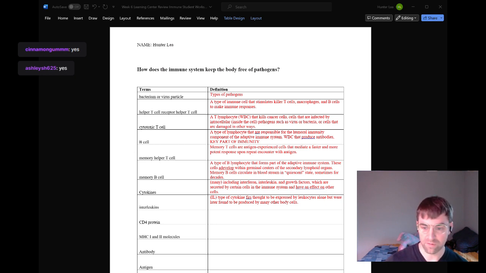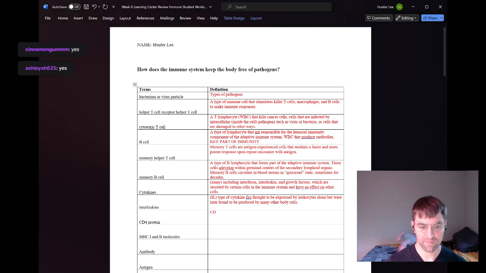CD4 protein's a cool one. CD4, cluster of differentiation 4, is a glycoprotein, so it has a carbohydrate group attached to protein, that serves as a co-receptor for the T cell receptor.